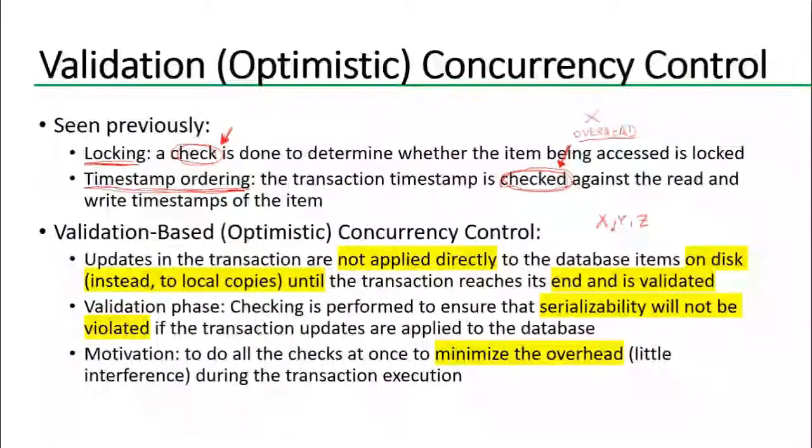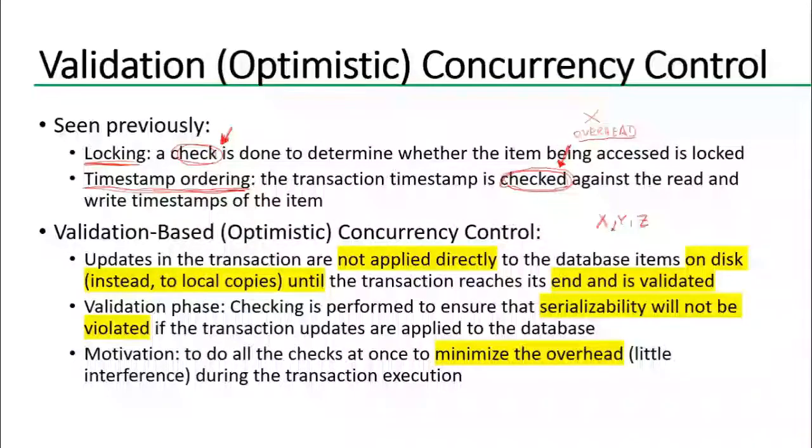When the transaction starts, you make a copy of X. So you are working on X prime, Y prime, and Z prime in memory. And then during the rest of the transaction, you work on the copy, not on the original database items. And this is phase one.